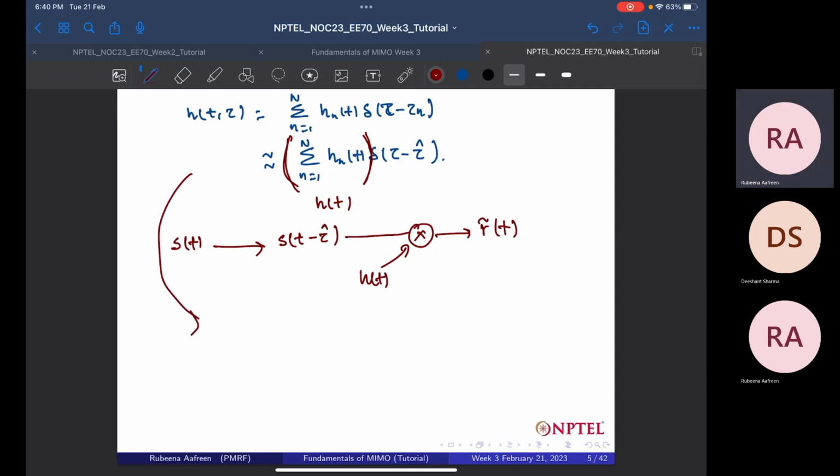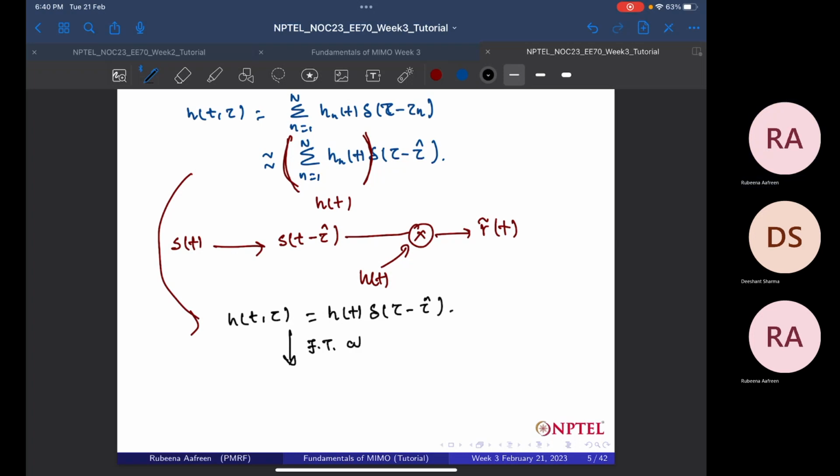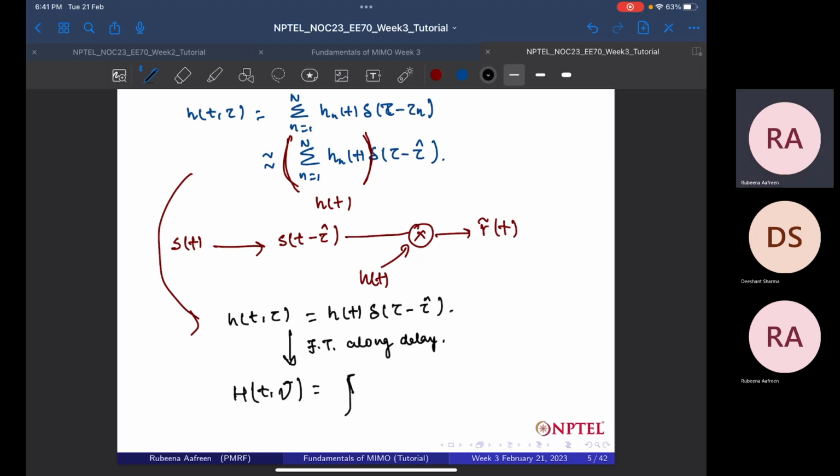So take it now. If we take its Fourier transform along the delay domain, so we can say that this is h(t) and there is some frequency ν. So this will be time varying, but we are taking the Fourier transform along the delay axis. So this would be integration from 0 to τ max.